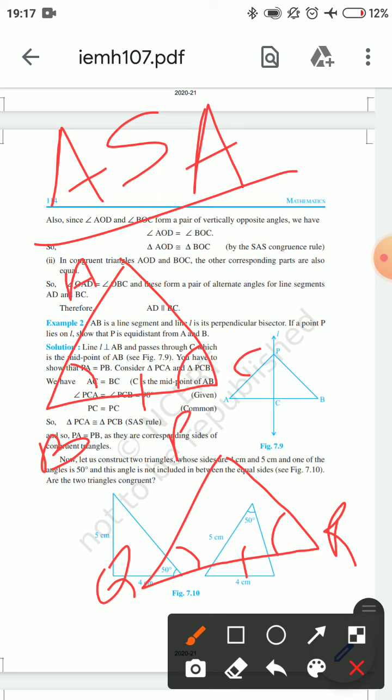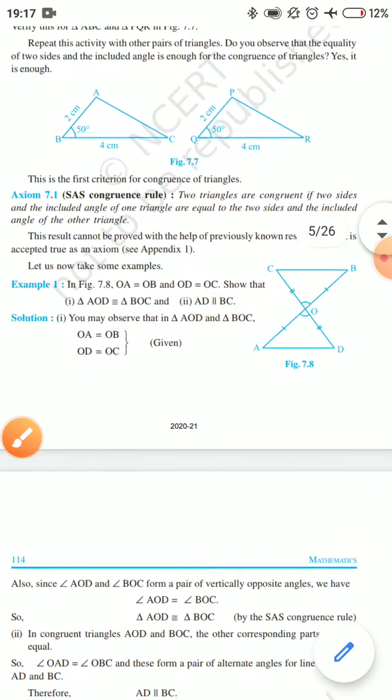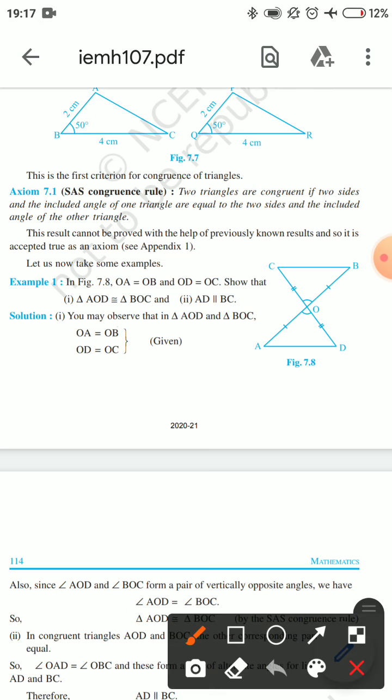So now based on these two congruency criteria, let us solve some questions. Okay, let's start from example 1, right? So here it is given that in figure 7.8 OA is equal to OB, meaning the side OA is equal to side OB, and OD is equal to side OC.